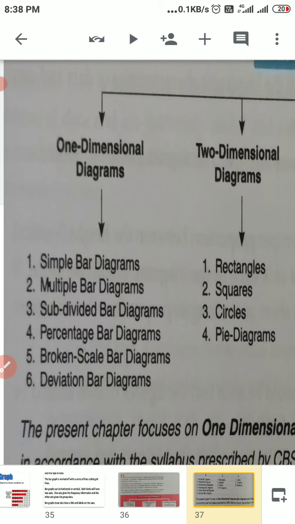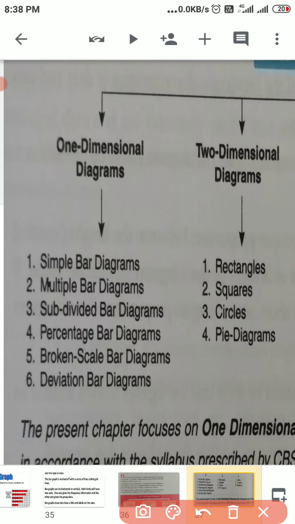These are simple bar diagrams, multiple bar diagrams, subdivided bar diagrams, percentage bar diagrams, broken bar diagram, division bar diagram.